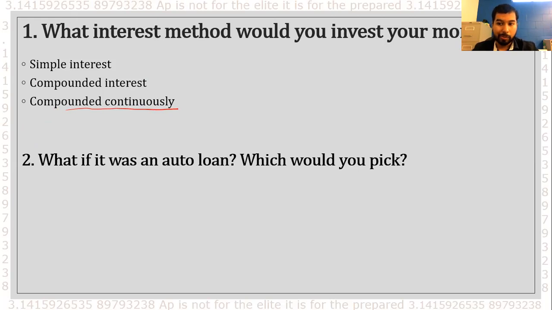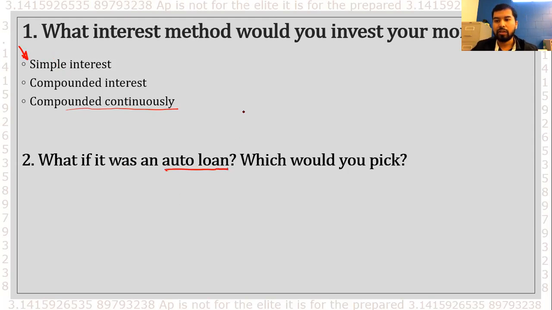Keep in mind that it could work backwards. If you are in a loan situation, you want to make sure you are working with either a fixed interest or a simple interest, because you want to pay off that as quickly as possible and not pay more interest on the interest, because that could be like a snowball effect and you could probably not get out of that as soon as you want to. Okay, so keep that in mind.